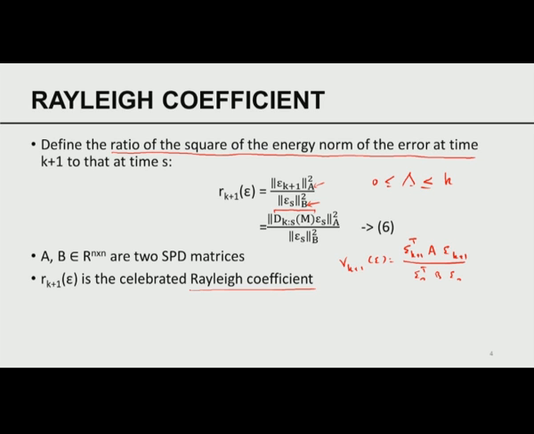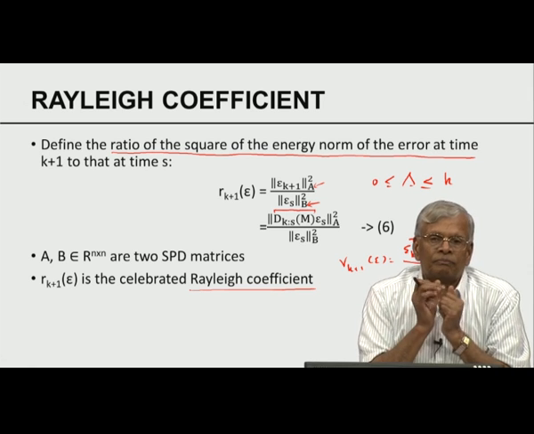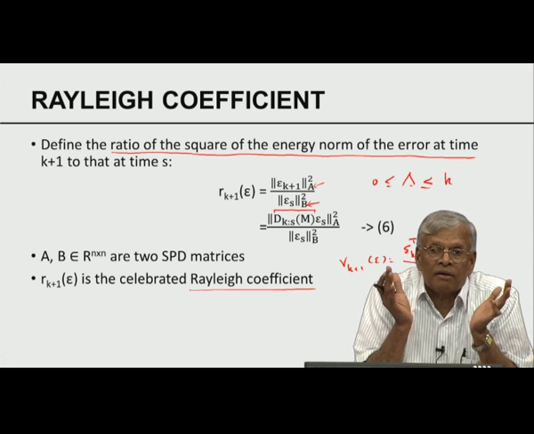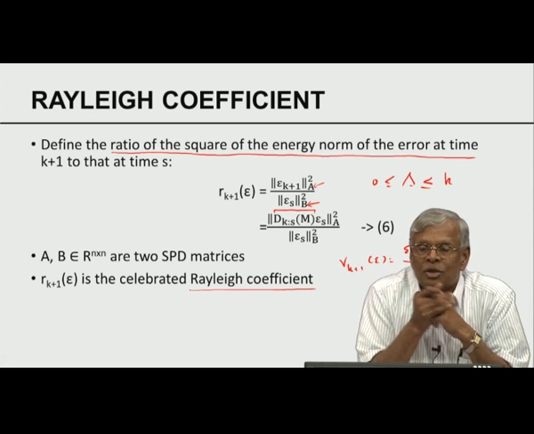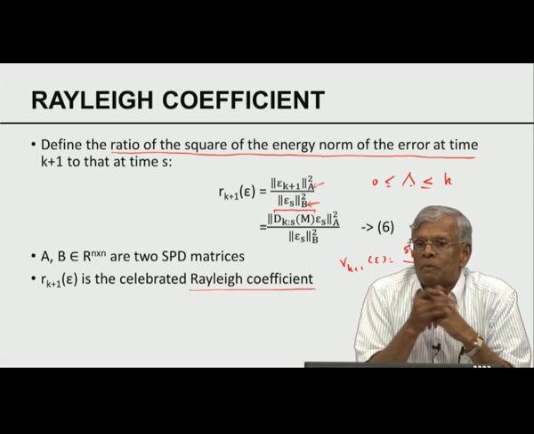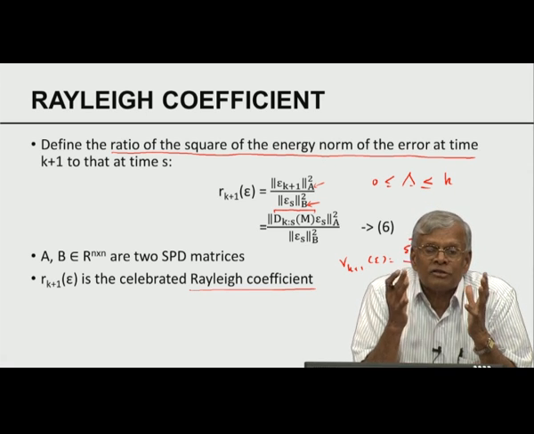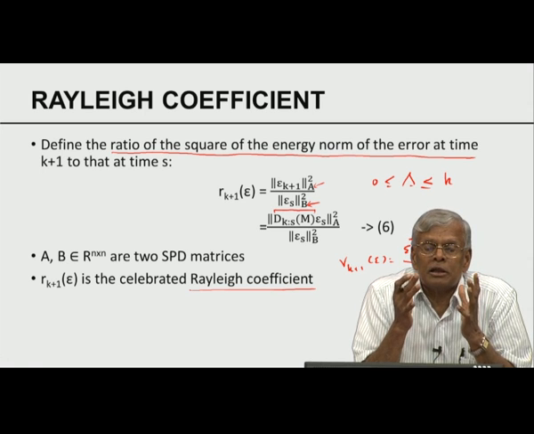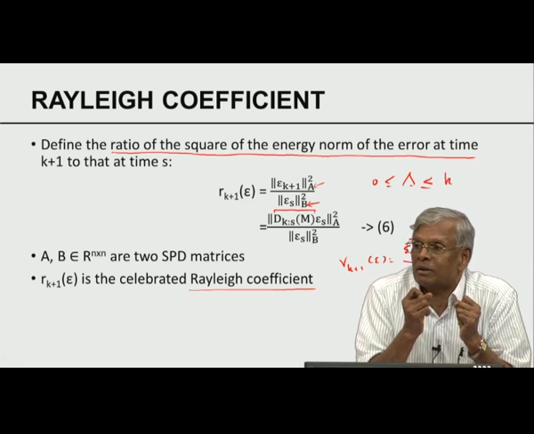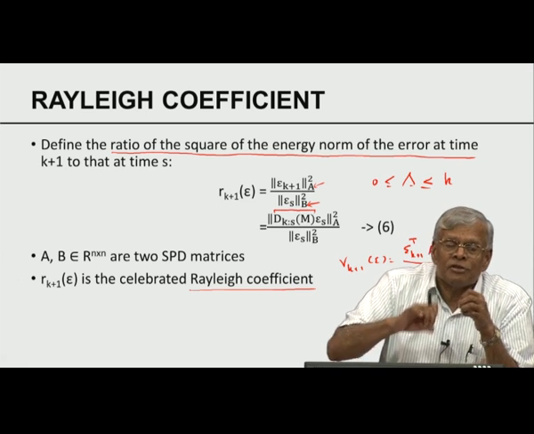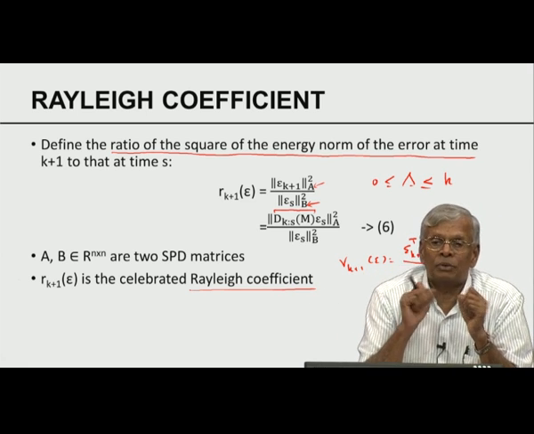Suppose this ratio remains less than 1. This ratio is a scalar, right? If this ratio remains small for all time beyond s, what does it mean? The error does not grow. If the error does not grow, what does it mean? The predictions are pretty darn accurate. On the other hand, if this ratio grows in time, what does it mean?